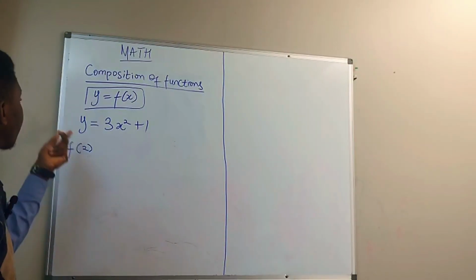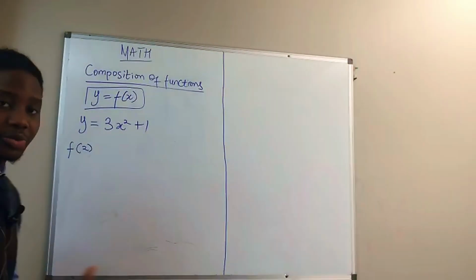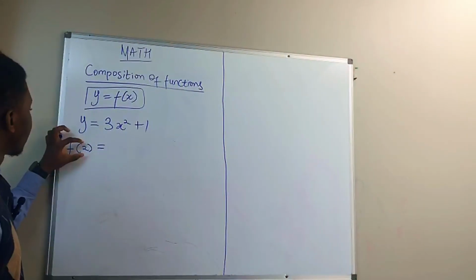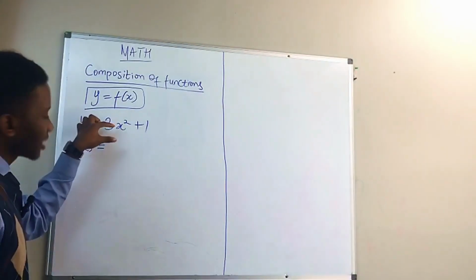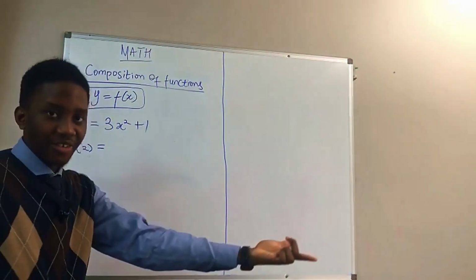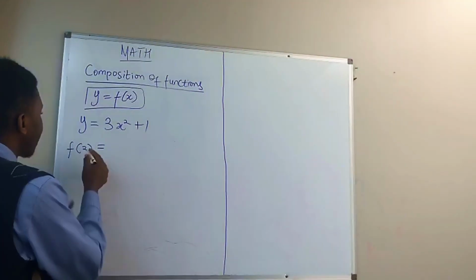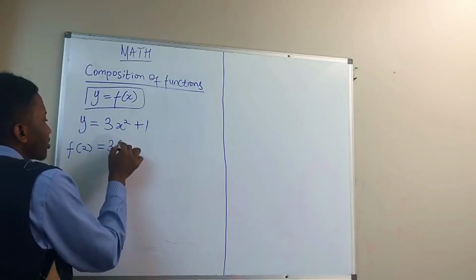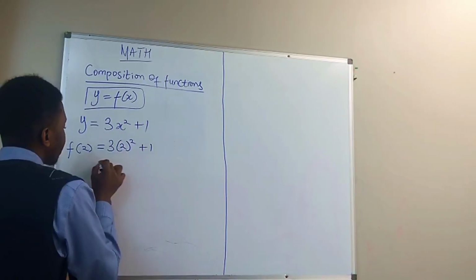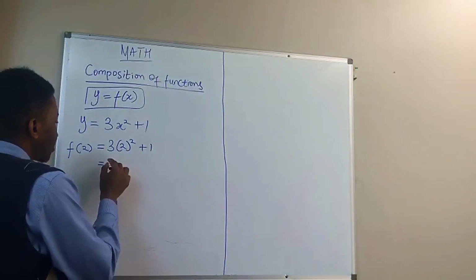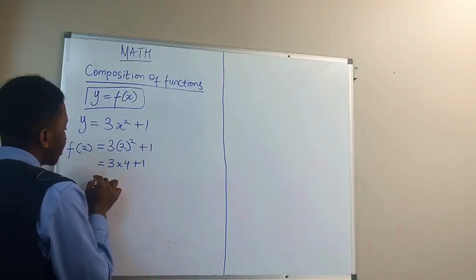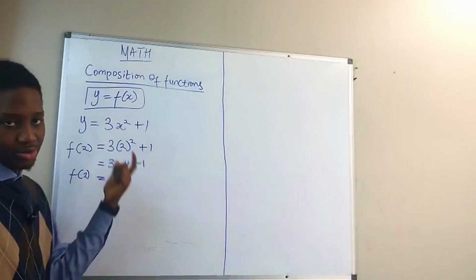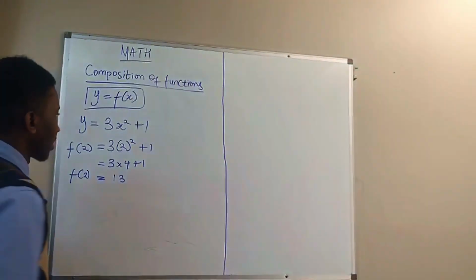Remember, a function is y is equal to f of x. f of 2 simply means we take this 2, and anywhere we see the variable x, we plug it in. So we put in 3 times 2 squared plus 1. 2 squared is 4, so this is 3 times 4 plus 1, which is 13. So f of 2 gave us the output 13.